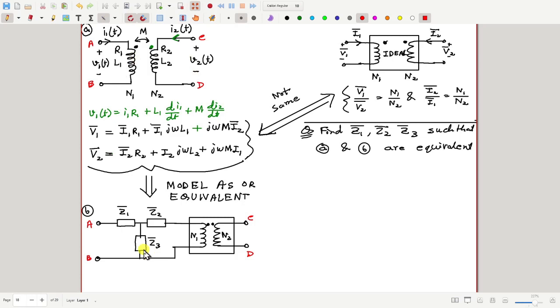So in this circuit, the voltage should also be V1, the phasor value, and I should write here the phasor values to be consistent: V1, V2, I2 and I1.